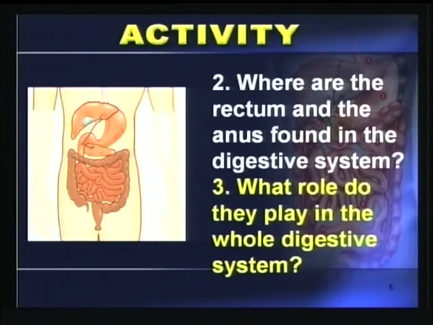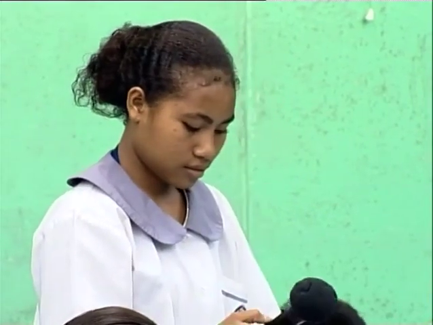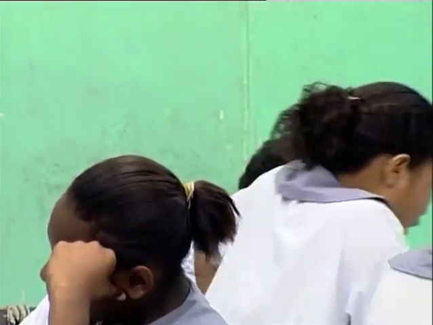What role do they play in the whole digestive system? What do you think? Maria? The digestive system breaks down food so that it can be used by the body. Thank you. You are now giving us the general answer for the digestive system.